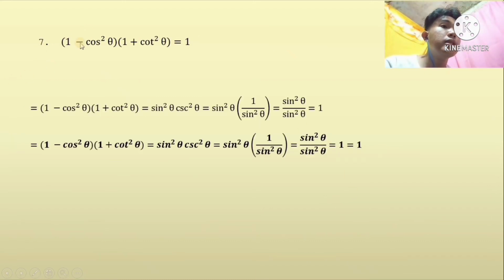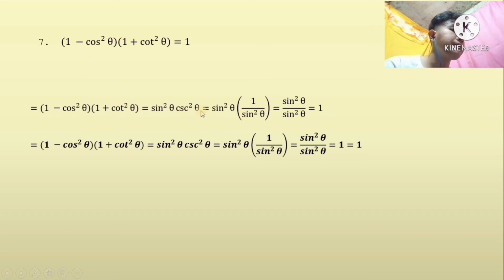Problem number 7. Let's prove 1 minus cosine squared theta times 1 plus cotangent squared theta is equal to 1. So convert 1 minus cosine squared theta to sine squared theta. Then convert 1 plus cotangent squared theta to cosecant squared theta.